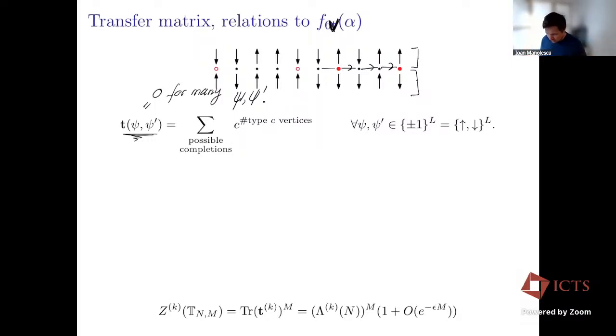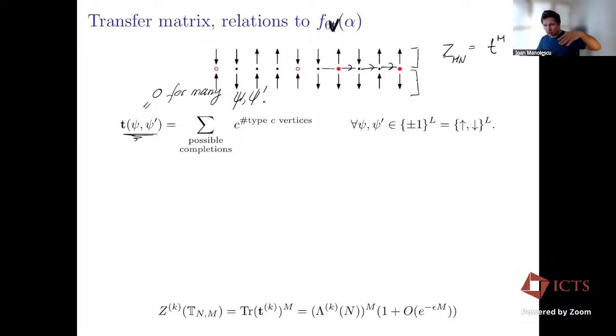But still, if you do this, you obtain a matrix, and if you want to compute the partition function, Z_{m,n} is equal to, what you're going to do is take the transfer matrix to the power m, which corresponds to having m rows of arrows.